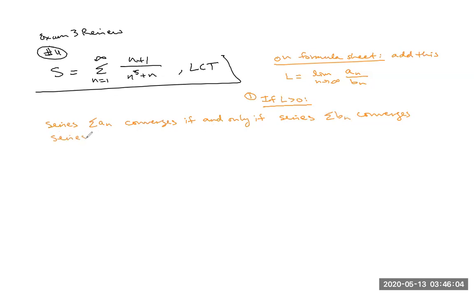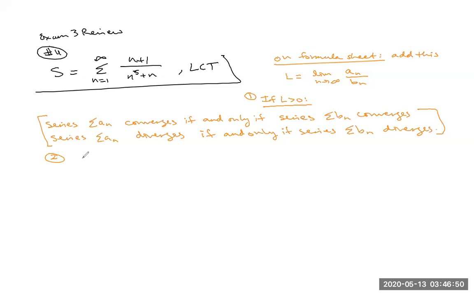Similarly, if series a sub n diverges, then series b sub n must diverge as well. So if and only if means that it just goes both ways. So if series a sub n is convergent, then series b sub n is convergent. Or if series b sub n is convergent, series a sub n must be convergent as well, and so on and so forth. So this is the first condition.